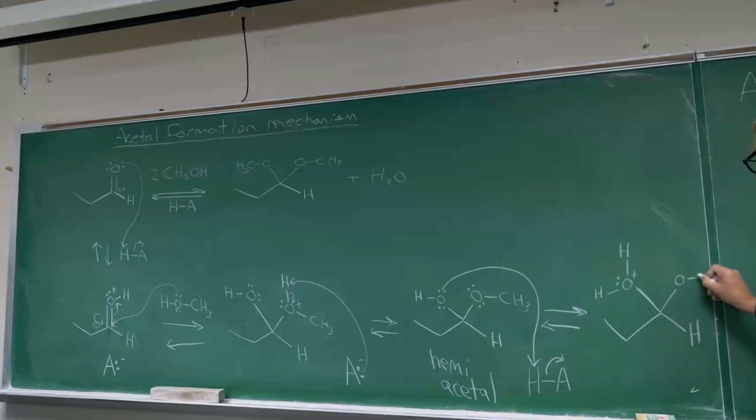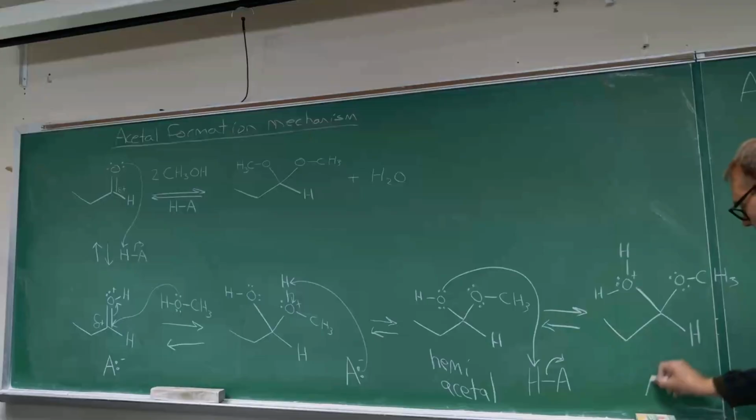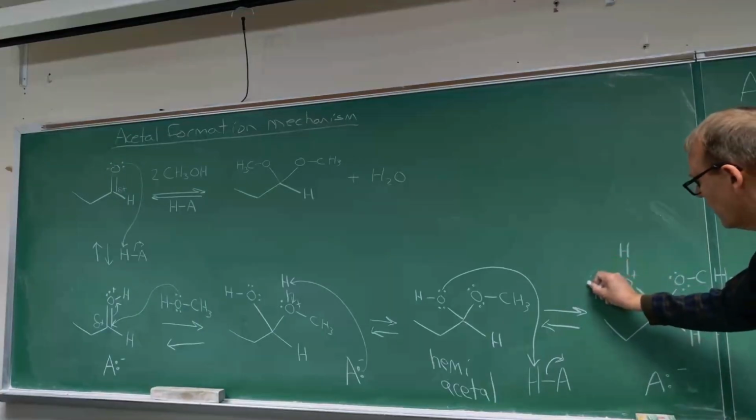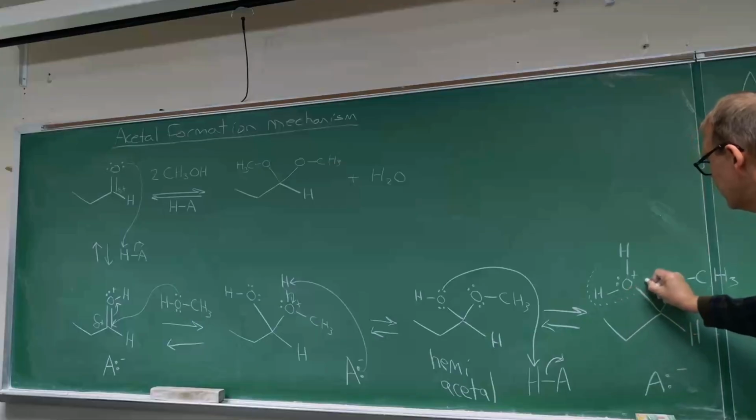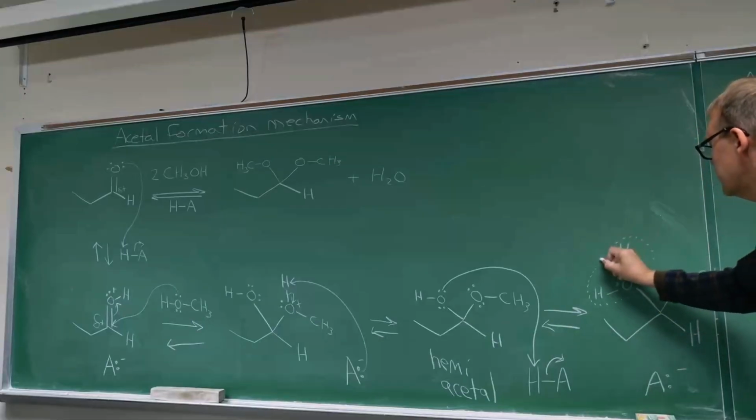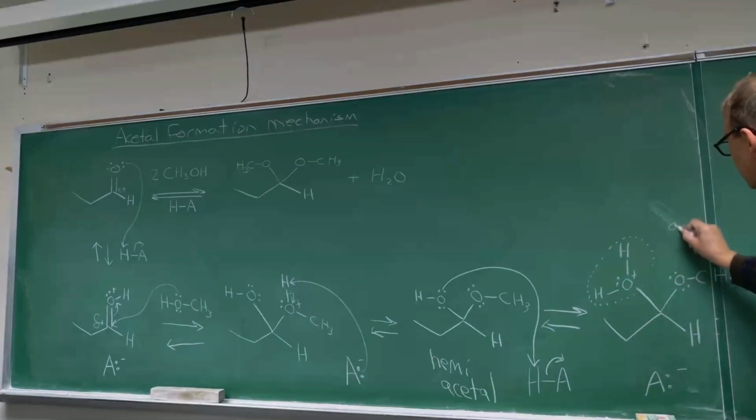And we have our OR group here, and it's accompanied by an A minus, conjugate base of the acid. So what happens next is this, and I'll lasso it and just point out this is a good leaving group.